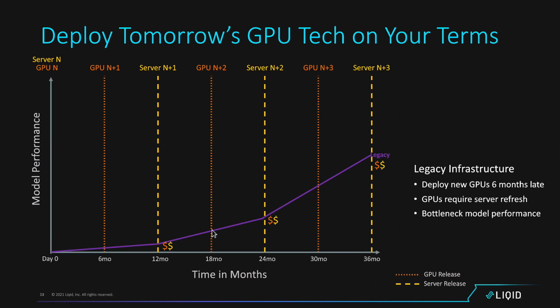And then same thing happens again, over here, model performance doubles. And over 36 months, their model performance ends up here. Just assuming you're building the next GPT-3 or something like that. But this is basically kind of what you see. The plan is keep your training systems going, keep improving performance, keep going around that flywheel, right?